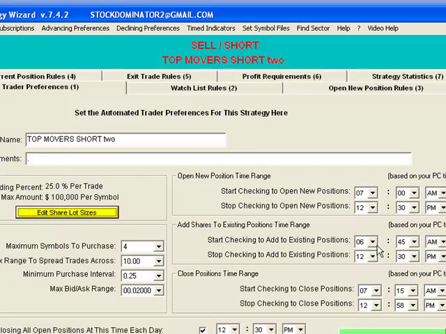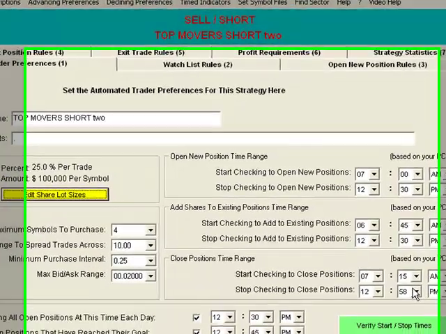These are just here by default. And then when I'll start closing positions: at 7:15 right up to the end of the market, and I have that set at 12:58. The market here closes at 1 o'clock. Just in case there are any delays in data for whatever reason, you set it to close out a little early.